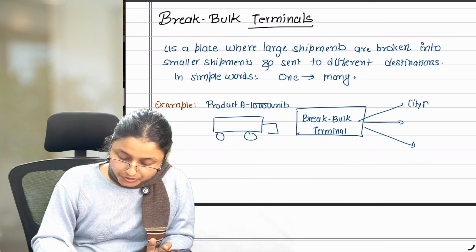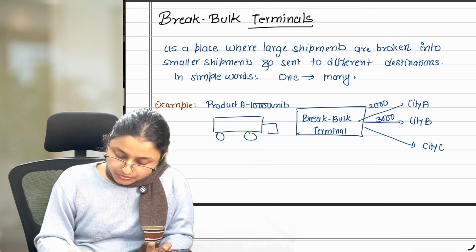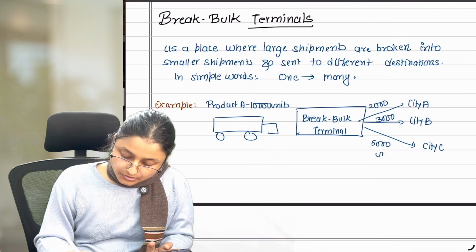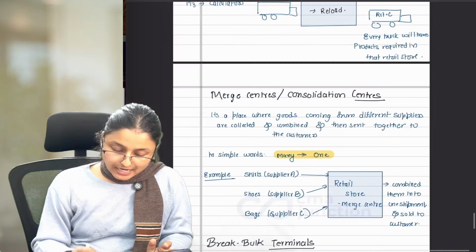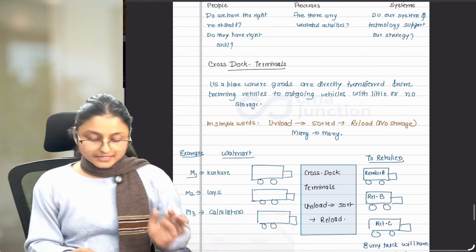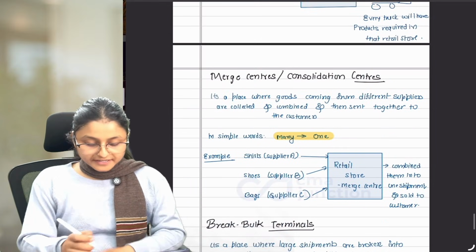Let's say we need to transport it to city A, city B, and city C. Here we are transporting 2000 units, here 3000 units, and here 5000 units. Done. So these are the three things, that is cross dock, break bulk, and our merge centers.